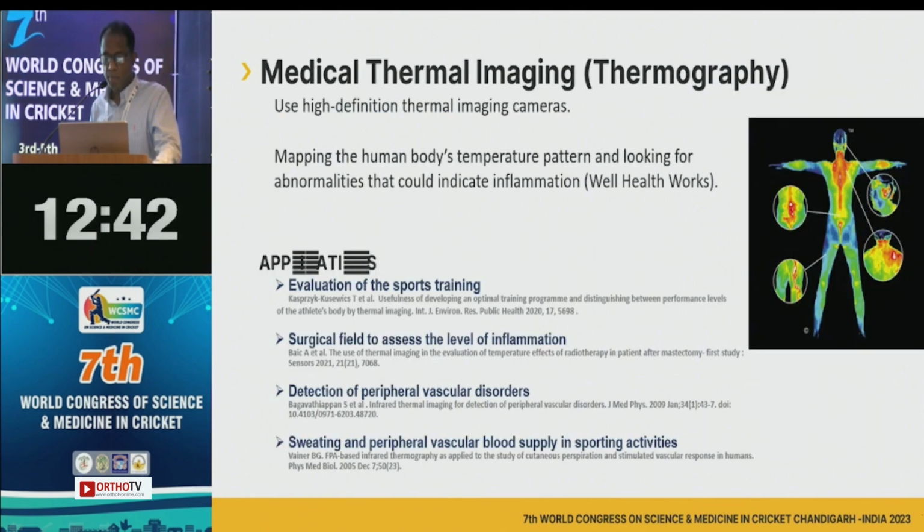Some of the applications of thermal imaging in the medical field come under thermography. We have sports as well as ordinary medical practice, such as cancer detection, especially to detect the efficacy of cancer treatment, as well as to identify some vascular disorders.